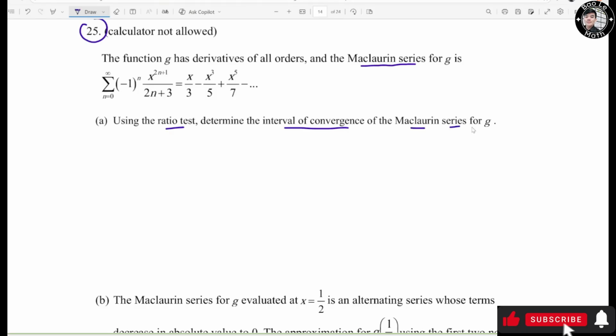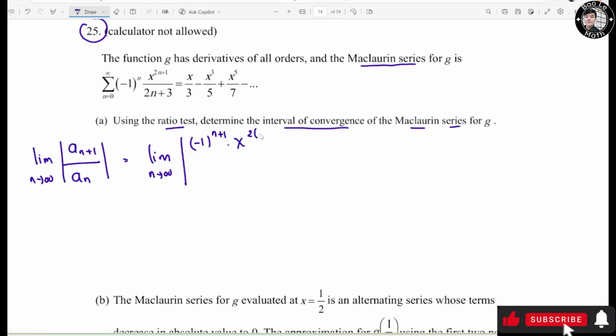So this question is similar to question 24. We have the limit of the absolute value of a sub n plus 1 over a sub n when n approaches infinity, which equals the limit when n approaches infinity of the absolute value of negative 1 raised to the n plus 1 times s raised to the 2 times parentheses n plus 1 (be careful) and then plus 1 outside, over 2 times parentheses n plus 1 plus 3 outside.